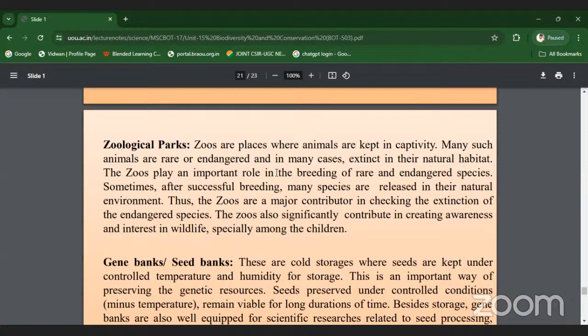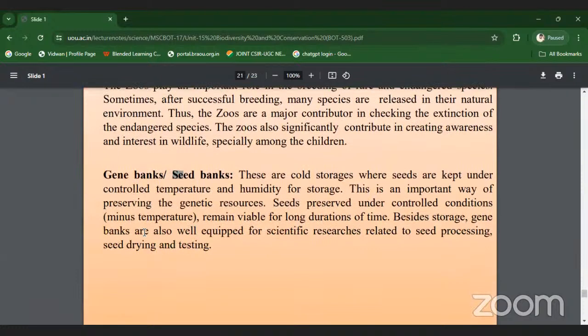Zoos play an important role in the breeding of rare endangered species. Sometimes after successful breeding, many species are released into their natural environment. Thus, zoos are major contributors in checking the extinction of endangered species. Zoos also make a significant contribution in creating awareness and interest in wildlife among children.